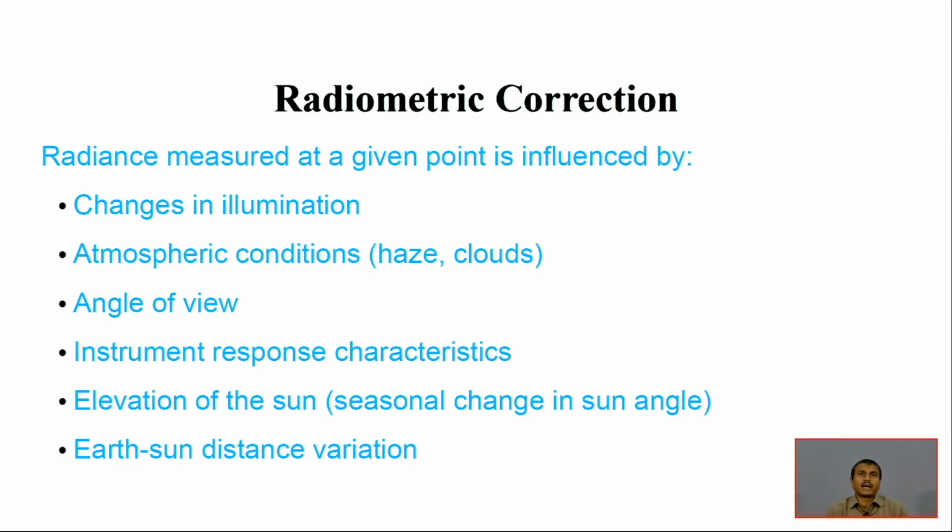Now the second kind of error that we often encounter in our system is the radiometric errors. It is obvious that image acquisition is heavily reliant on the source of energy, the illumination of the sun.